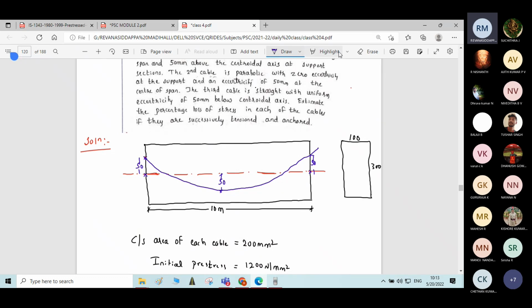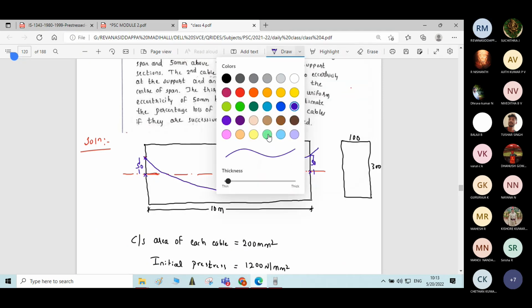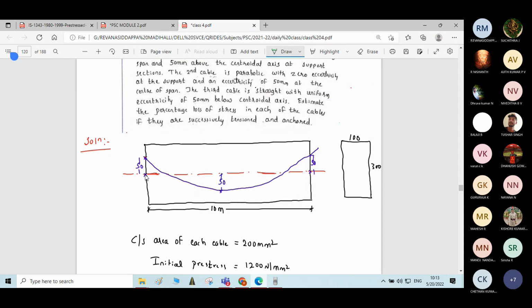Now I'll write the diagram of the second cable: zero at the support and 50 mm at the center. This is the profile of the second cable.